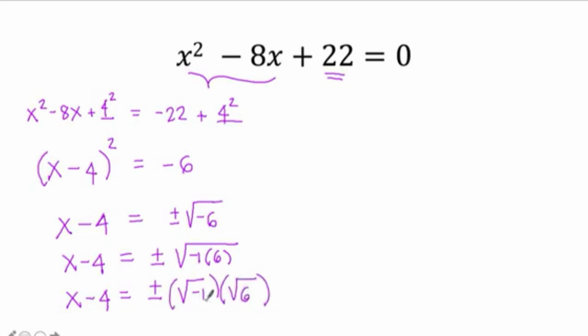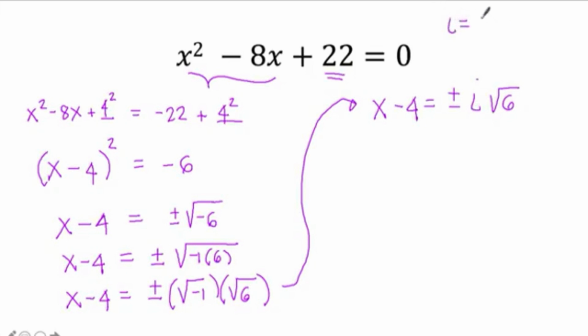But the square root of negative 1 is the imaginary number i, so we can write this as x minus 4 equals plus or minus i times the square root of 6, where i is equal to the square root of negative 1.